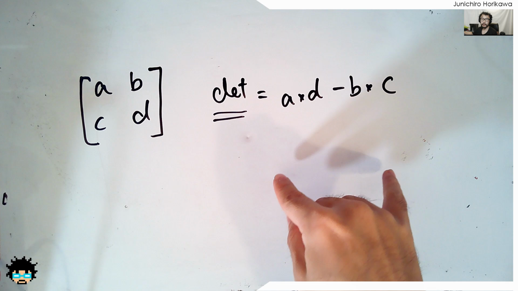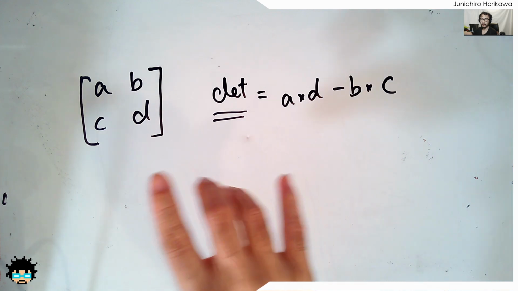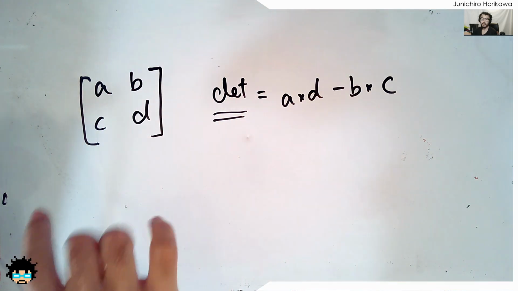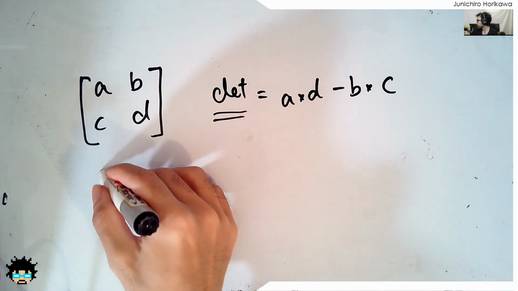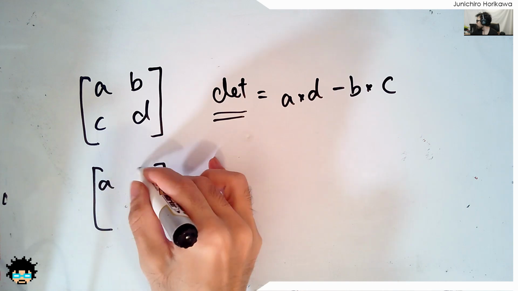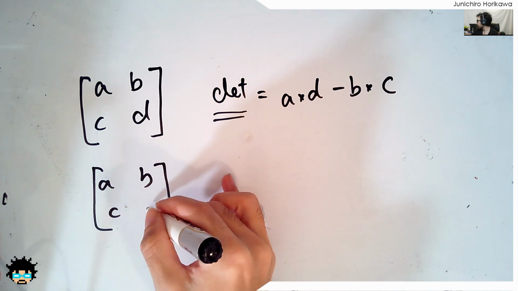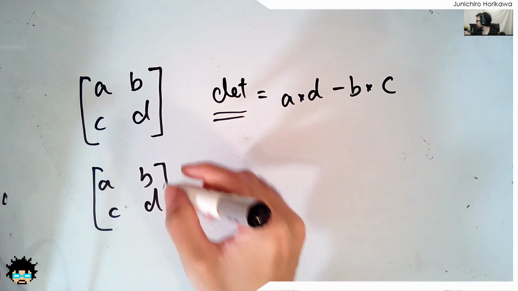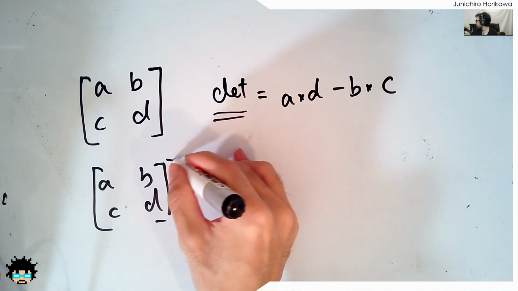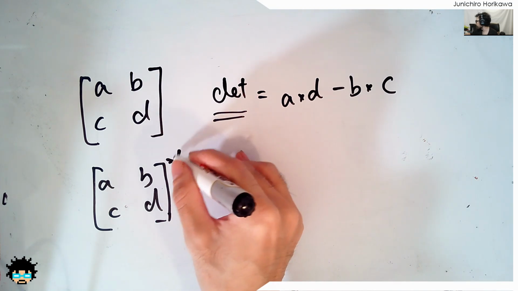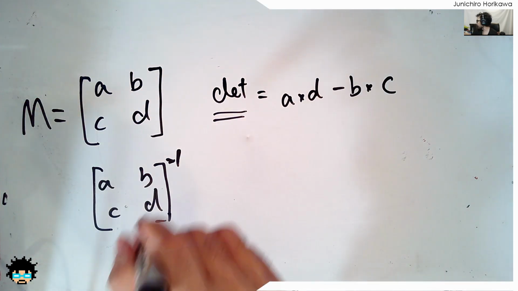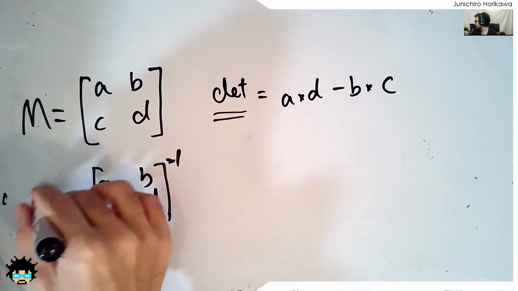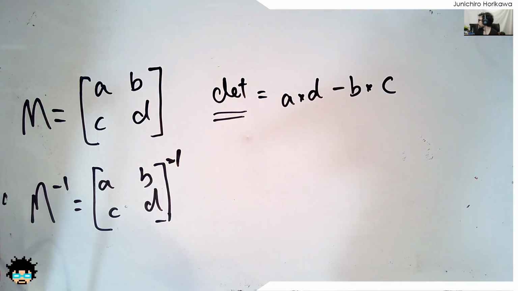And one of the usages for this determinant is to check whether this matrix has an inverse matrix or not. Now, the inverse of a matrix is expressed like this. If you have an ABCD 2x2 matrix, the inverse of the matrix can be written like this. So let's say this is M, then the inverse of the matrix can be expressed like this.